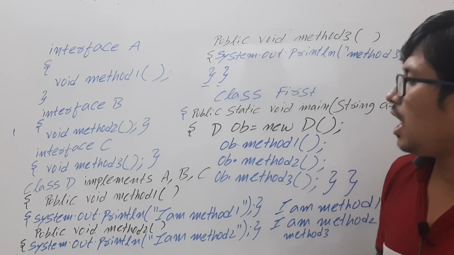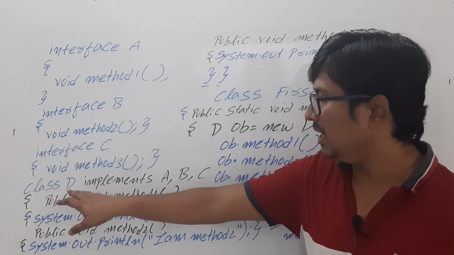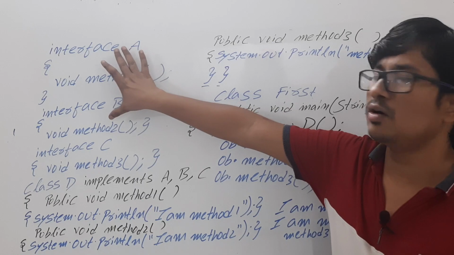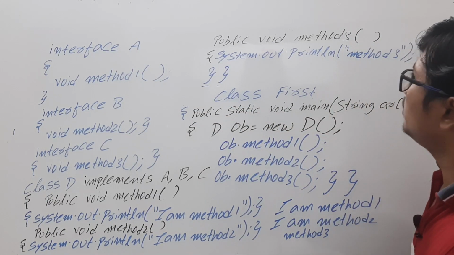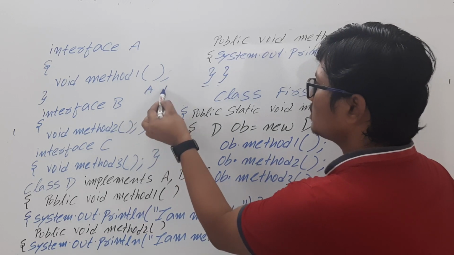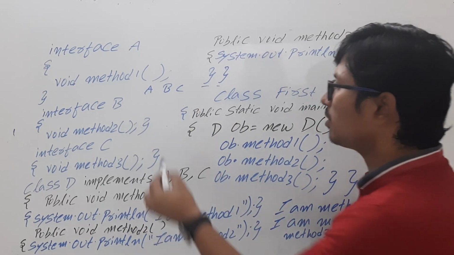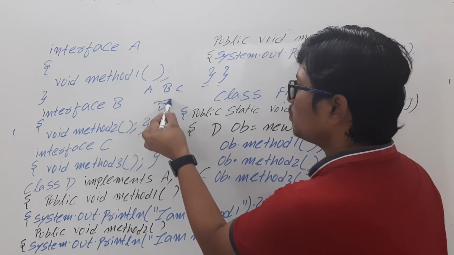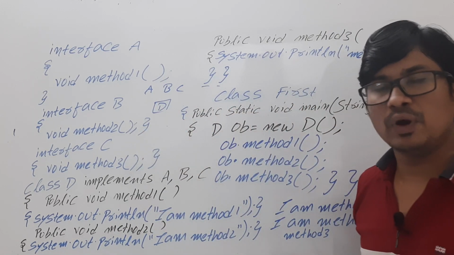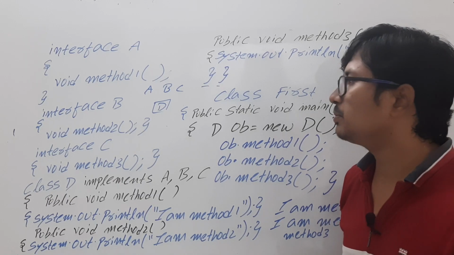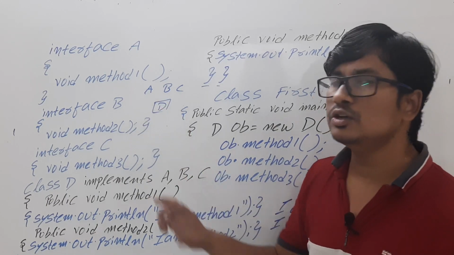So we have achieved multiple inheritance using the concept called interface. Already I told you that from multiple classes we cannot inherit, one class cannot inherit from multiple classes in Java. So these 3 should be interfaces.